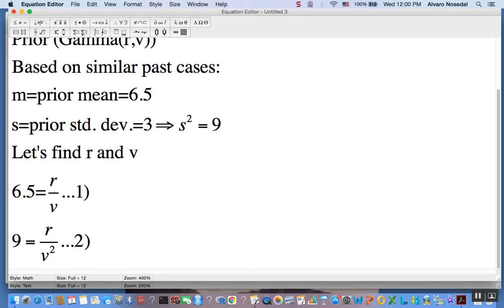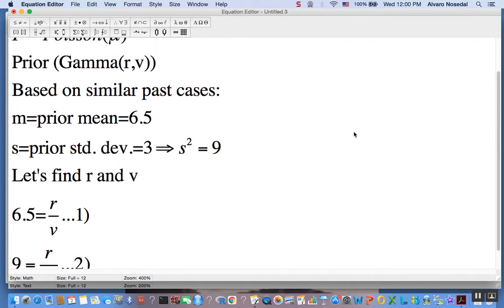Now we have to solve that system of equations for R and V, and then we are going to have the member of the gamma distribution family that reflects that prior information about our parameter of interest.